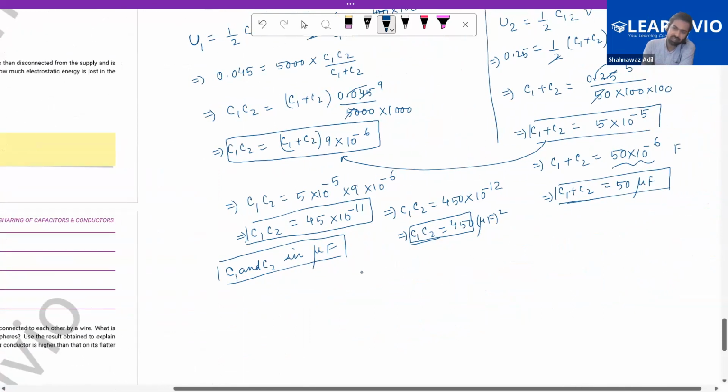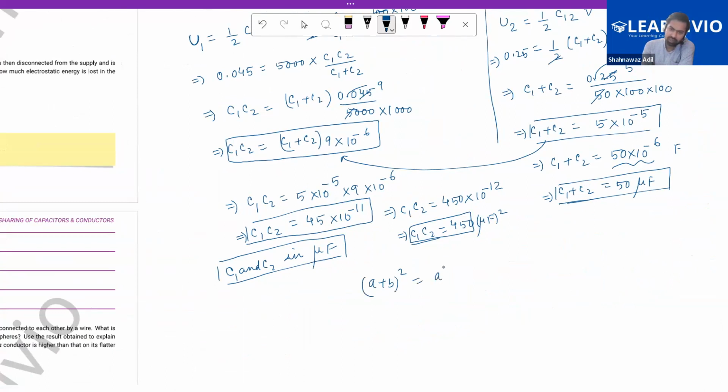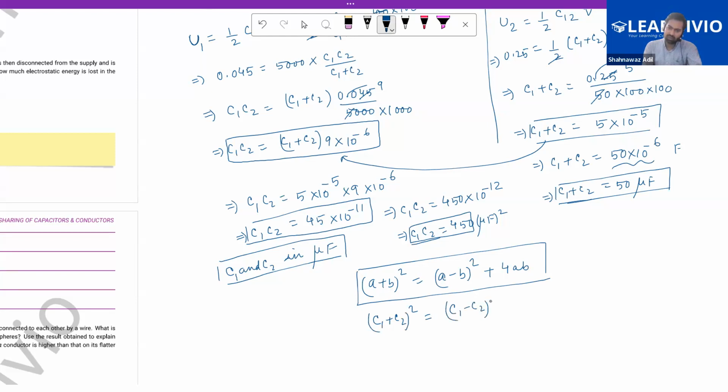So the identity is A plus B whole square equals A minus B whole square plus 4AB. This is the identity. Do you remember this identity? Yes? So we have C1 plus C2 whole square equals C1 minus C2 square plus 4 C1 into C2.